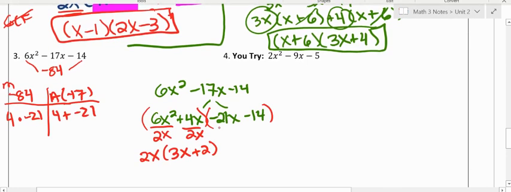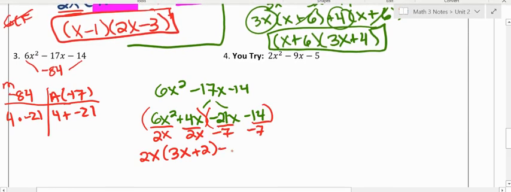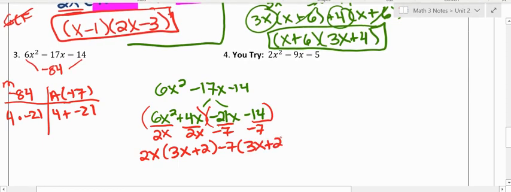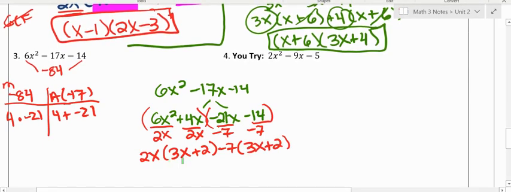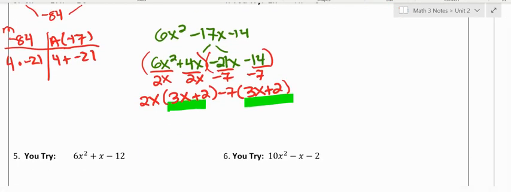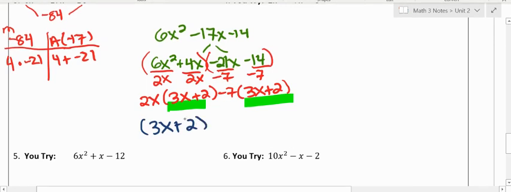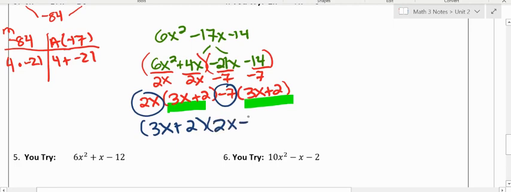My second pair, again, it starts with a negative, so negative 7, and then I get 3x plus 2. We know we're doing it correctly because the parentheses match. Then we're going to write what matches, and the leftover is 2x minus 7. And that would be our final answer.